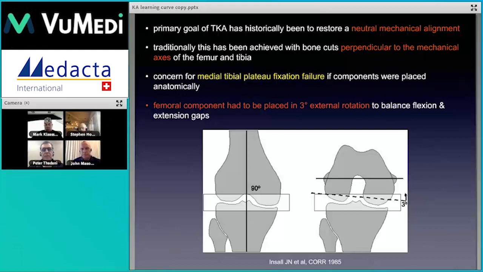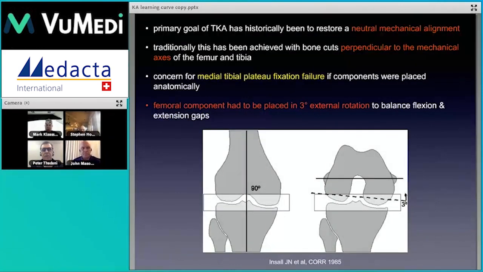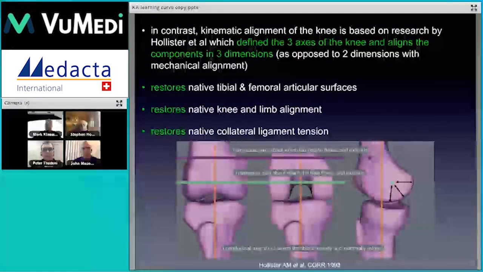Similarly, the distal femur cut in a mechanically aligned knee is not parallel to the native distal femoral articular surface. As a result of doing this, the joint lines change, the joint angle is changed, and in order to balance the flexion and extension gaps, the femoral component has to be placed in 3 degrees of external rotation. So we're all familiar with this kind of a picture and how a mechanically aligned knee is cut.